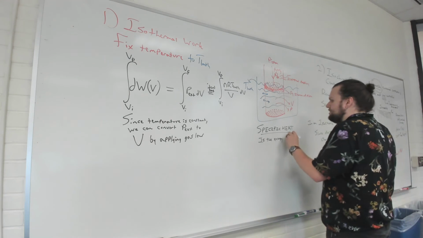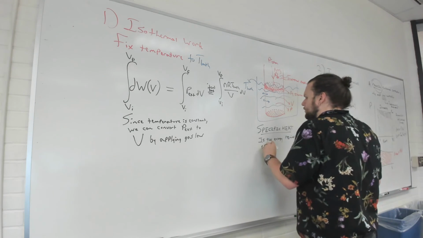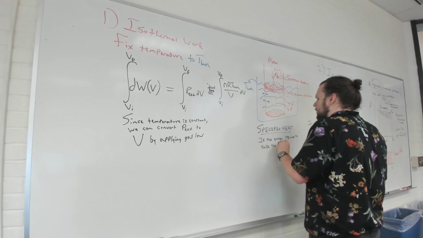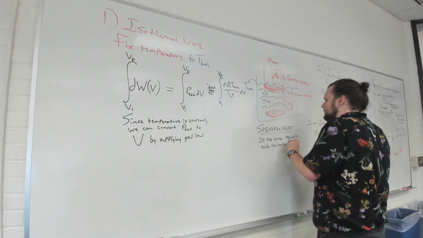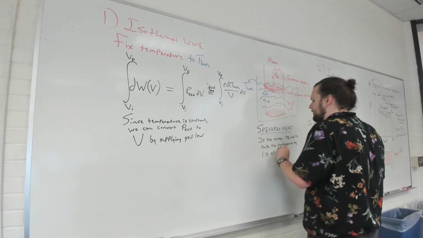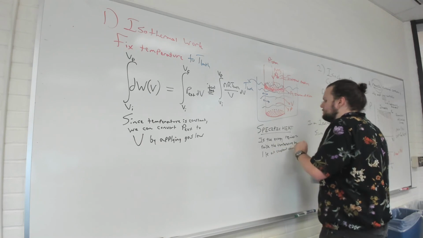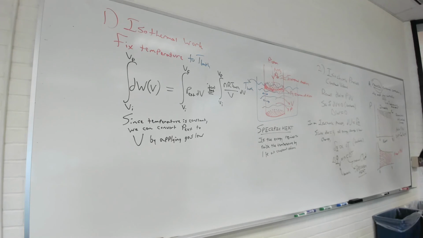Specific heat is the energy required to raise the temperature by 1 Kelvin at constant volume. We're going to learn there's also a specific heat at constant pressure too, but we'll get back to that. Right, so then we know we don't have to do any calculus here.